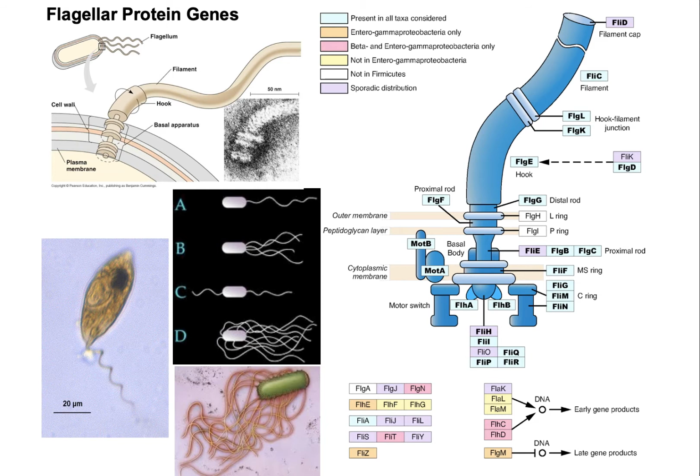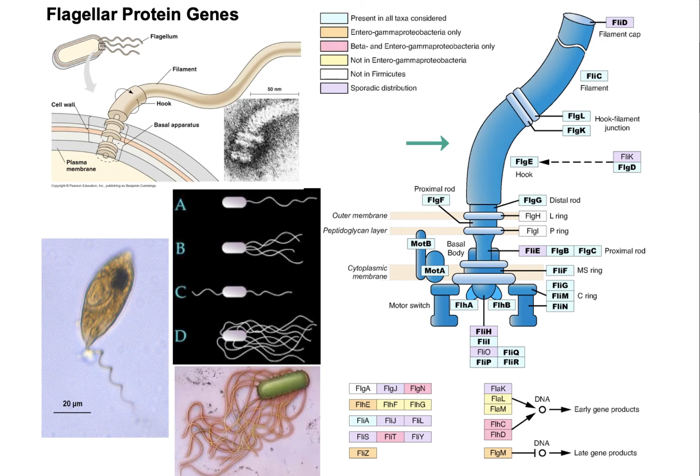The diagrams in the lower left show a few different configurations for flagella in these bacteria. One is on the far left. It's just hooked onto one end of the bacterium, and then you can see others where you have multiple flagella and flagella at both ends, and flagella pretty much over the whole length of the organism.